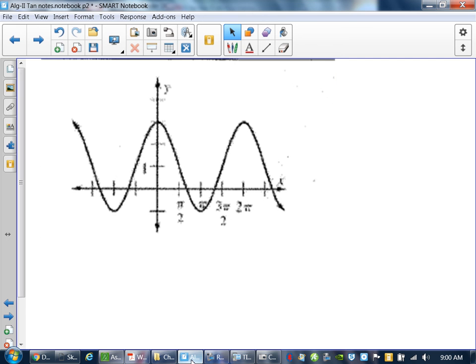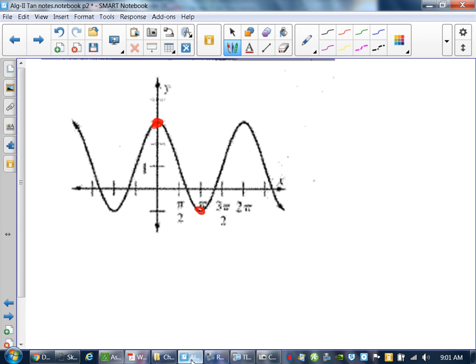Now, what happens here with number 2 is that it does not have that center line. But you do know that it's asking you to write number 2 as a cosine graph. If it's a cosine graph, it starts at its a value, and it goes to the opposite of a.